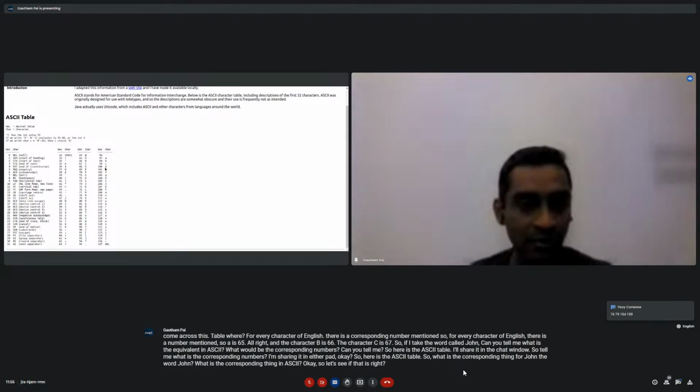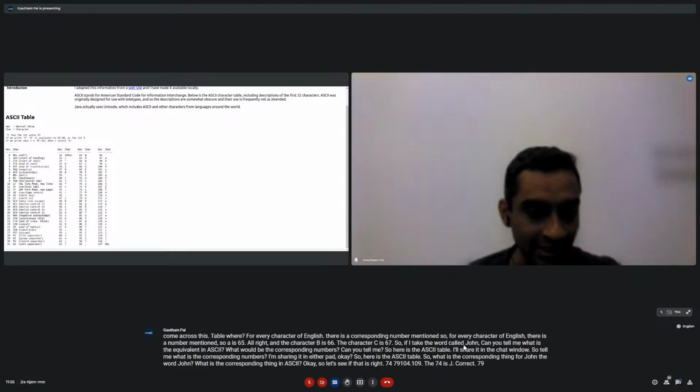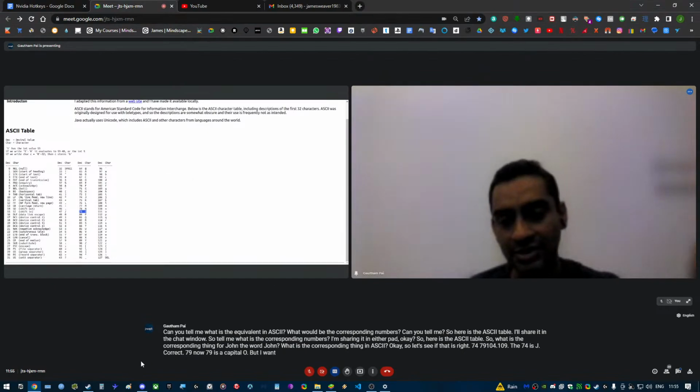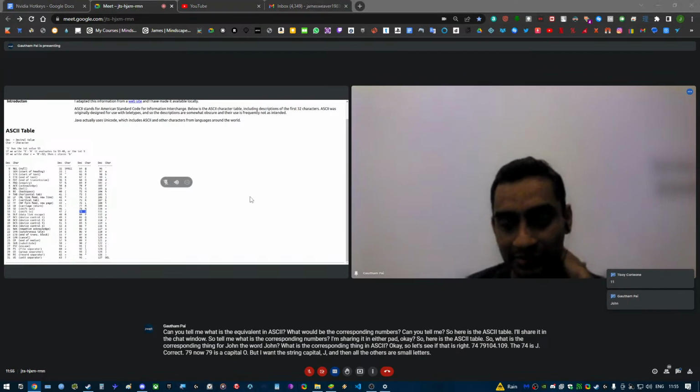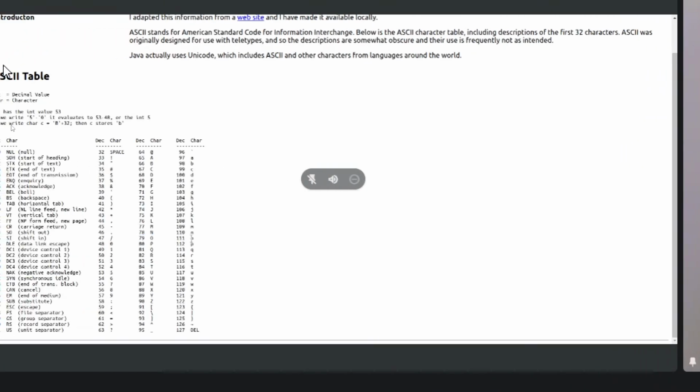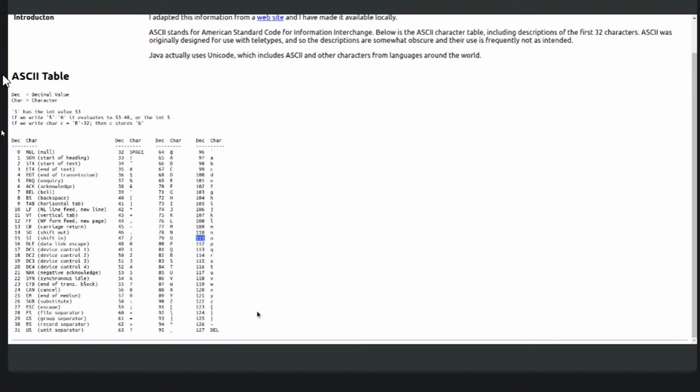Okay, so let's see if that is right. 74, 79, 104, 109. So 74 is J, correct? 79 is a capital O, but I want the capital J and then all the others are small letters. So it is the small letter o, which is 111.